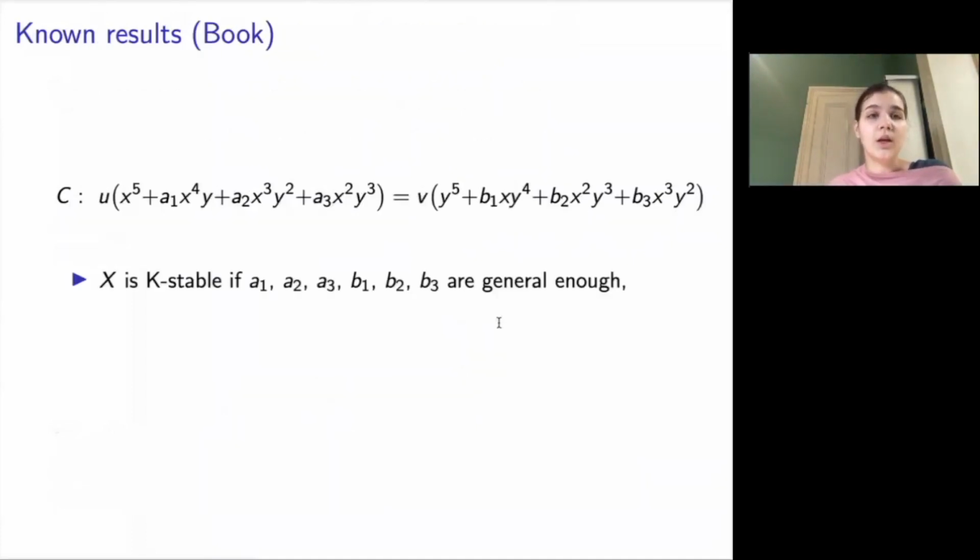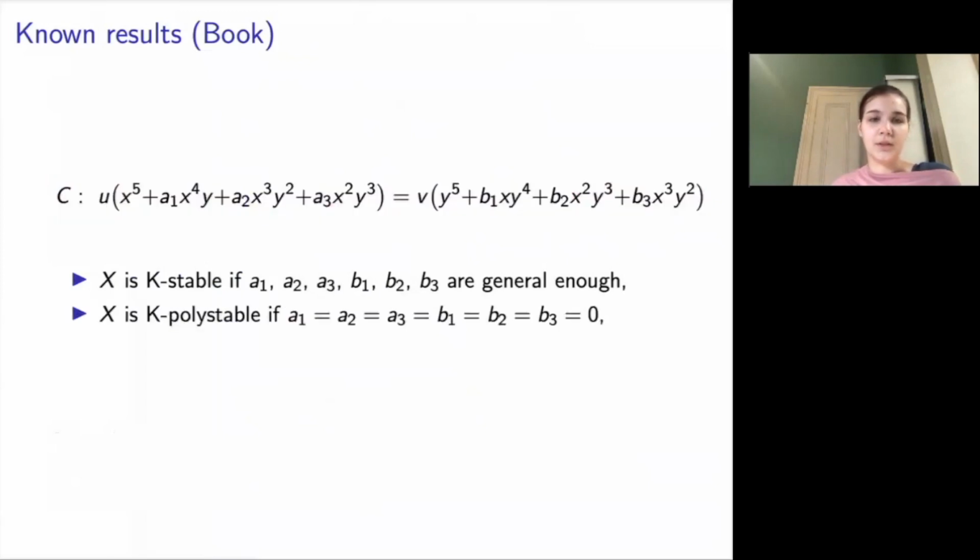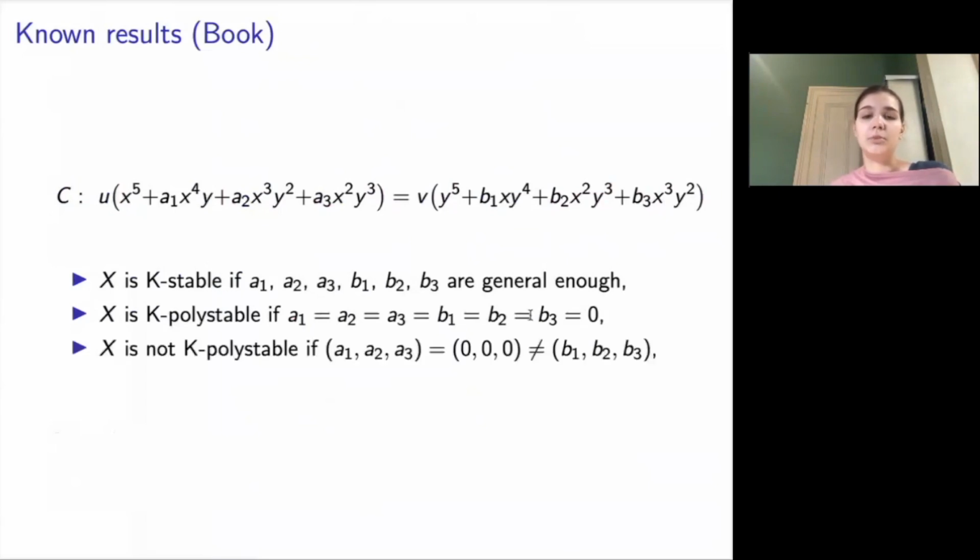What do we know? From the book which I mentioned initially, in which the problem was posed, we know the following results. So X is K-stable if the coefficients A1, A2, A3, B1, B2, B3 of C, our curve, are general enough. X is K-polystable if all of them are 0, as I mentioned before.